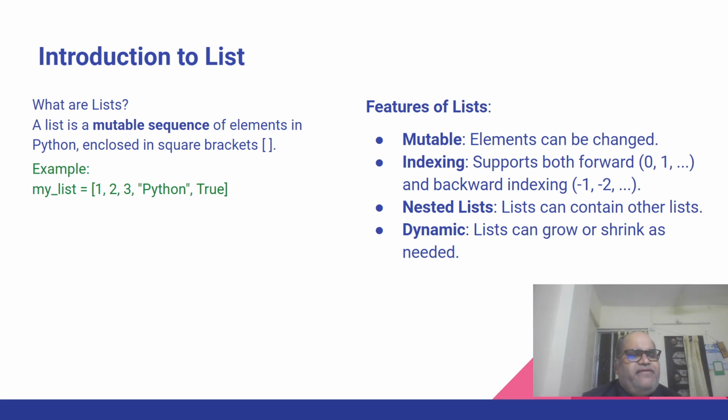So let us define list, right? From mutable and immutable sequences, what do we mean? Mutable is the one where, post declaring and assigning, you may modify the elements, right? So a list is a mutable sequence of elements in Python enclosed in square brackets.